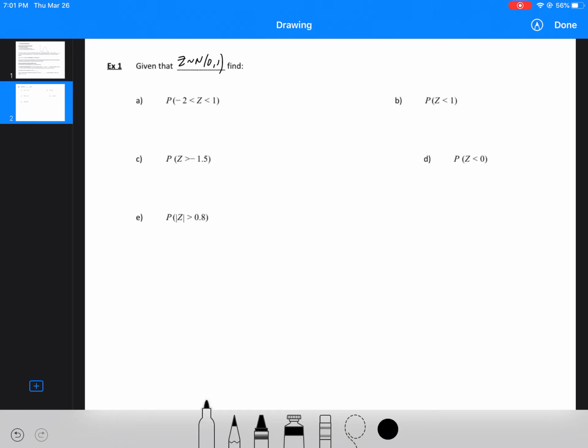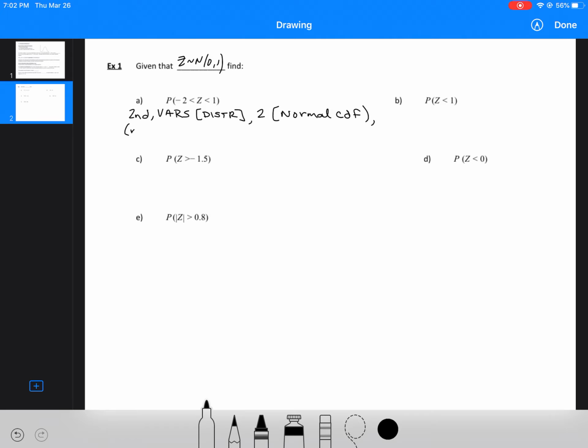So the first one, we're looking at the probability that z is between -2 and 1. In your graphing calculator, I'll put the steps here. You're going to press second and then var. That allows you to select the distribution option on your calculator. Then you're going to select 2, which gets you normal CDF.